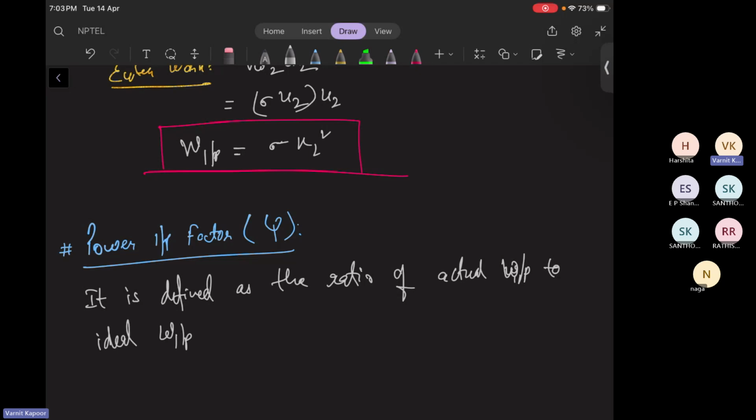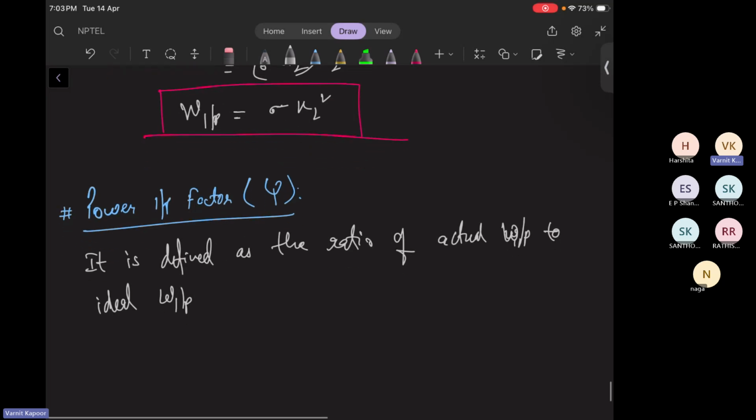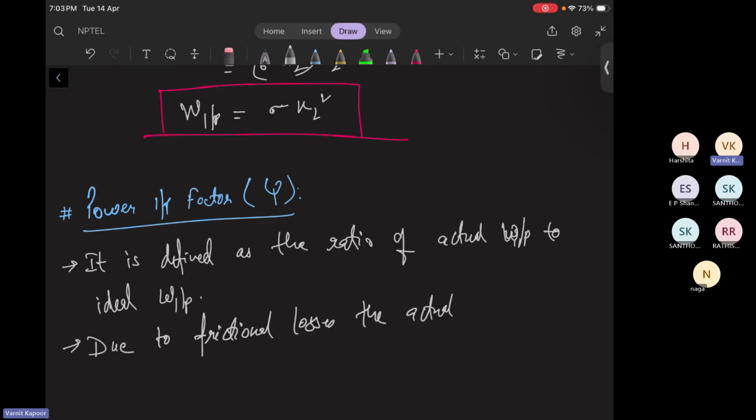Due to frictional losses, the actual work input is always greater than the ideal.